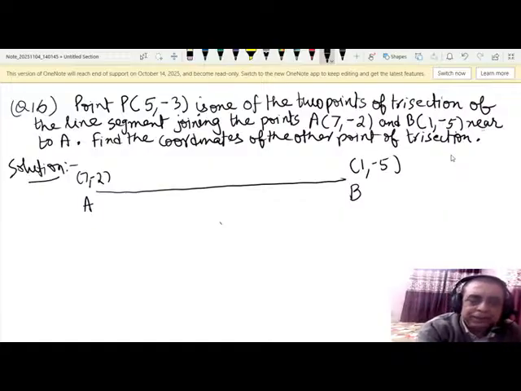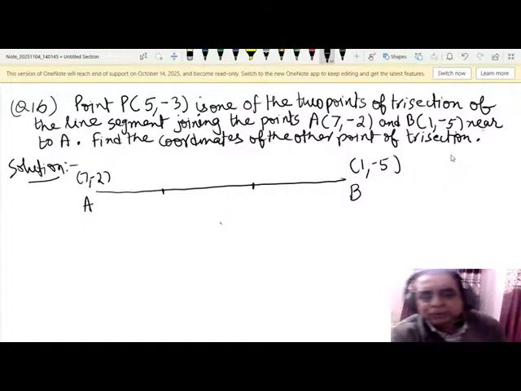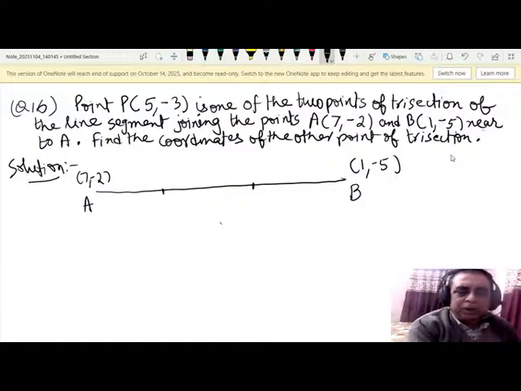Now mark 2 points in between A and B. The point which is closer to A is named P, because it is told to us in the question that P is near to the point A.